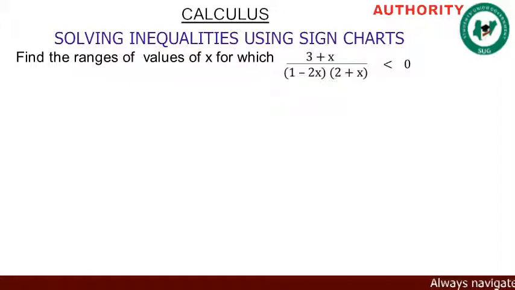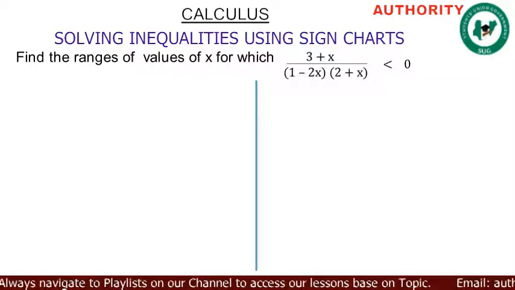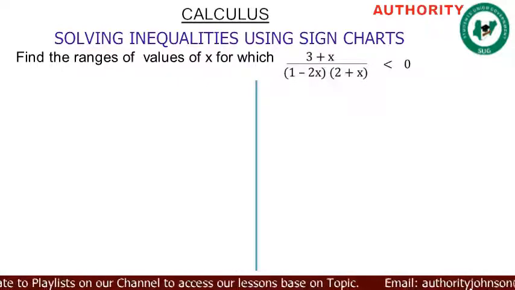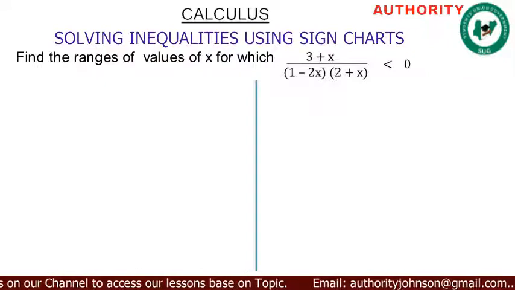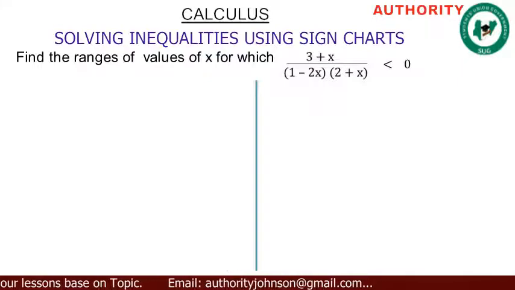So find the range of values of x for which (3 + x) over (1 - 2x)(2 + x) is less than 0. Now let's see what we're going to do.